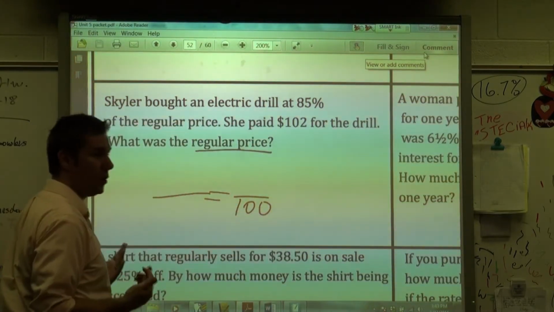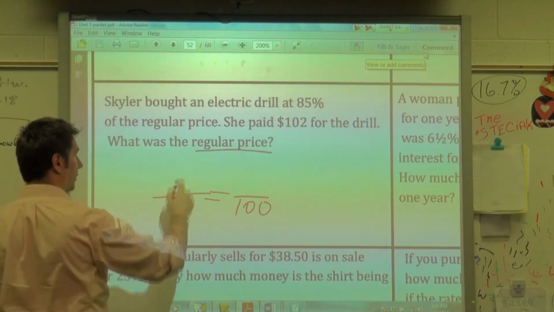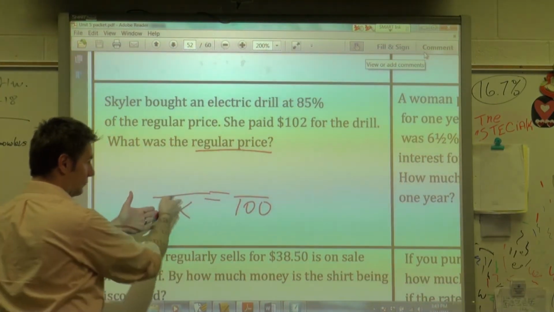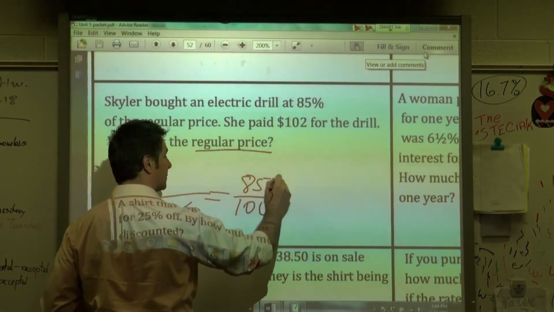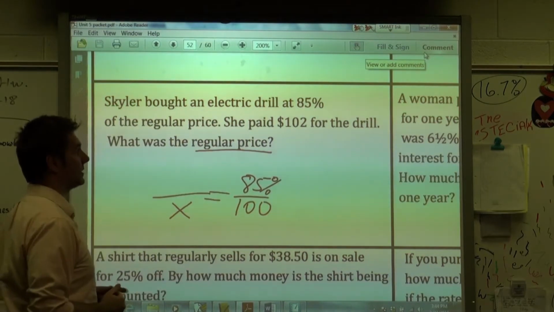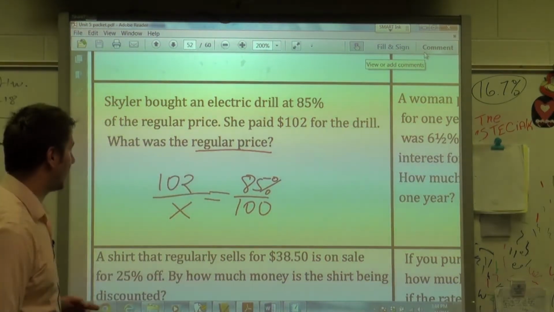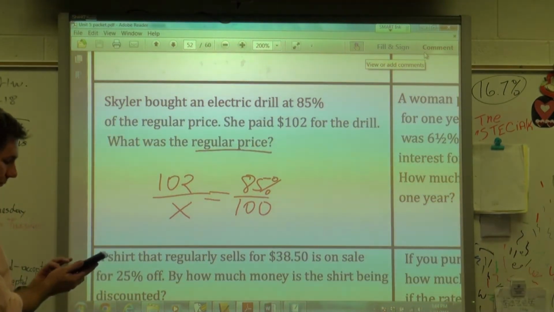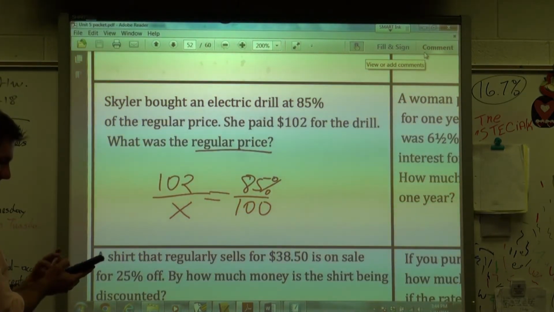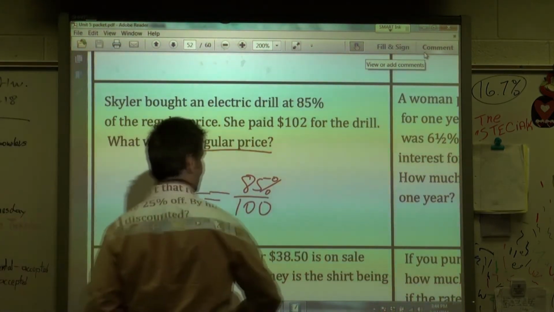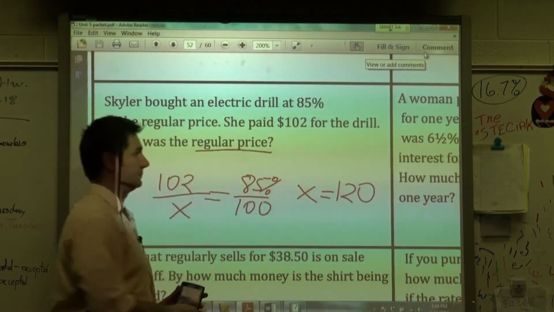Since it's pretty much the same type of problem, we know we're looking for the regular price, which will be X. She paid 85% of the original price, and that was $102. When cross multiplying, ladies and gentlemen, we get X equals $120.